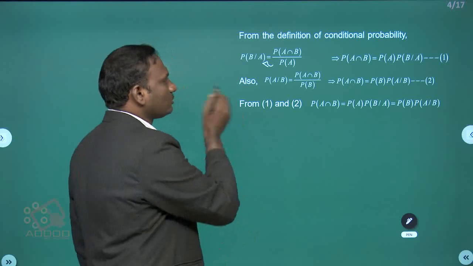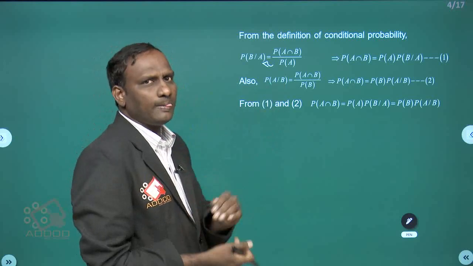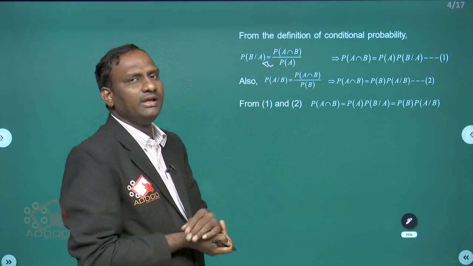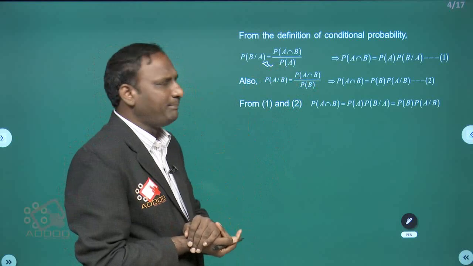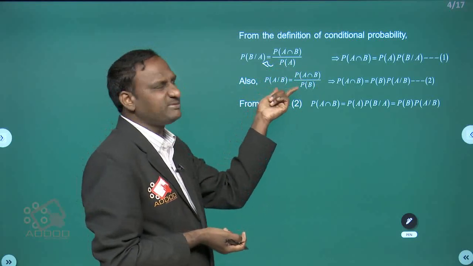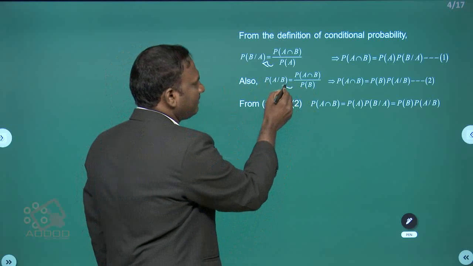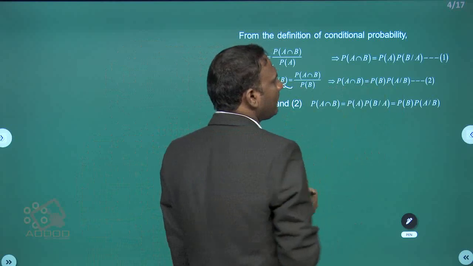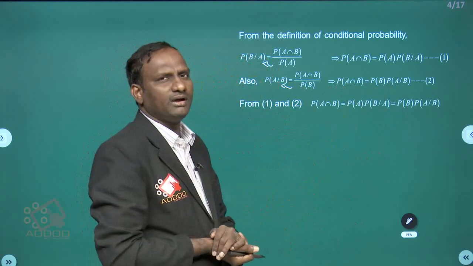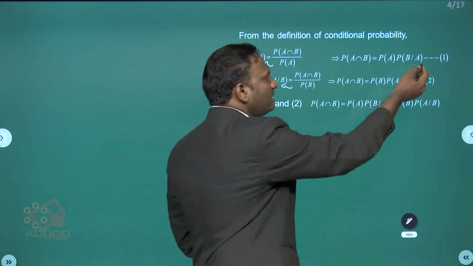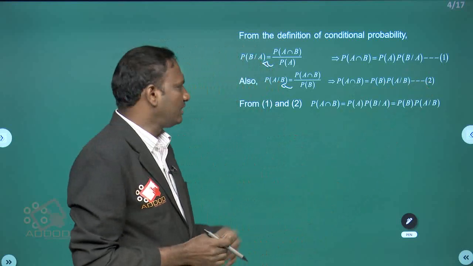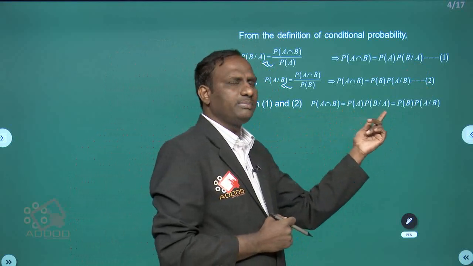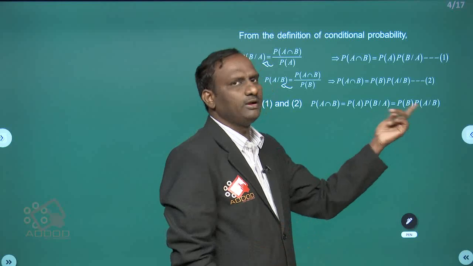And coming to condition number 2: A is happening after happening of B. That one we are writing as P of A divides B. So we can cross multiply the denominator like this, which implies P of A intersection B is equal to P of B into P of A divides B. By using 1 and 2, we can write P of A intersection B is equal to P of A into P of B divides A, which is equal to P of B into P of A divides B.